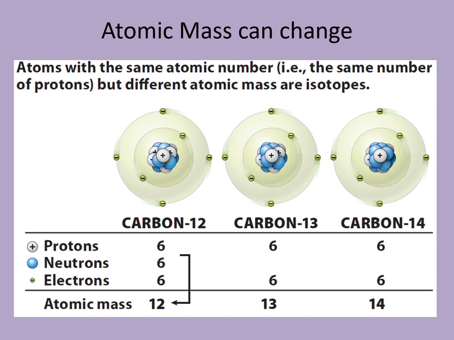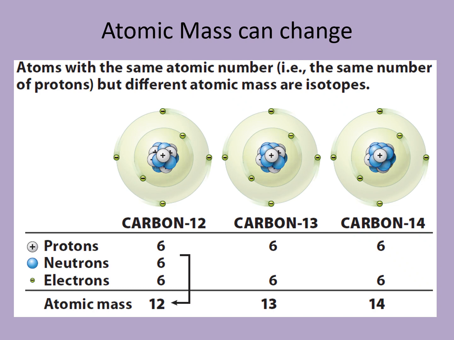We get the atomic mass of 12 from the protons and the neutrons, so we have 6 and 6, 12. Carbon 13 actually has 7 neutrons, so you get an atomic mass of 13. Carbon 14 has 8, which makes it a little bit unstable, so it has an atomic mass of 14.